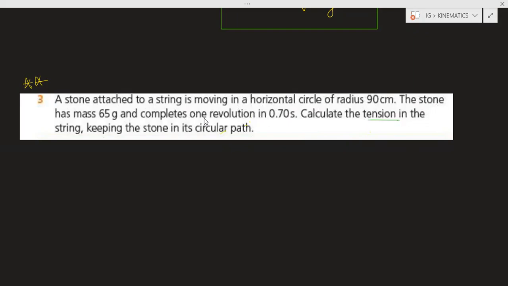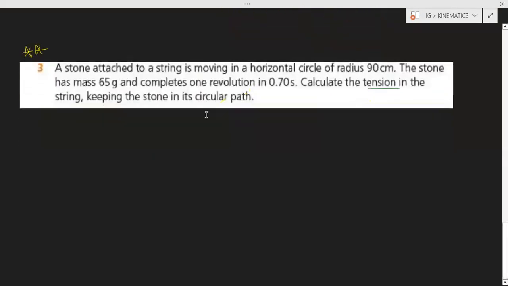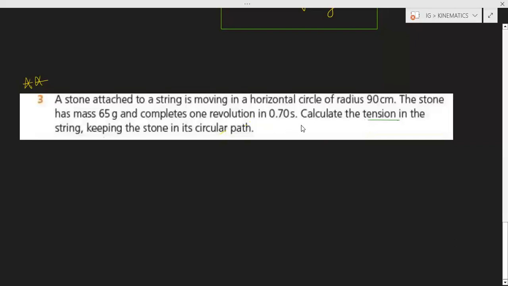First read the question properly, take the pen and paper and try to solve it. Try to apply your mind. You should have your notes also, because here there will be a use of frequency and time period.